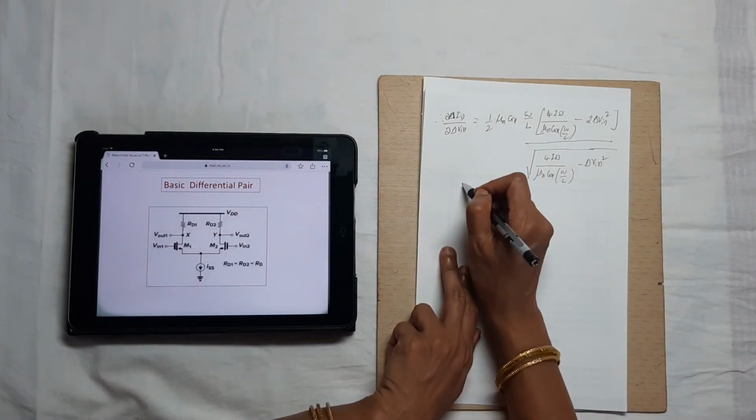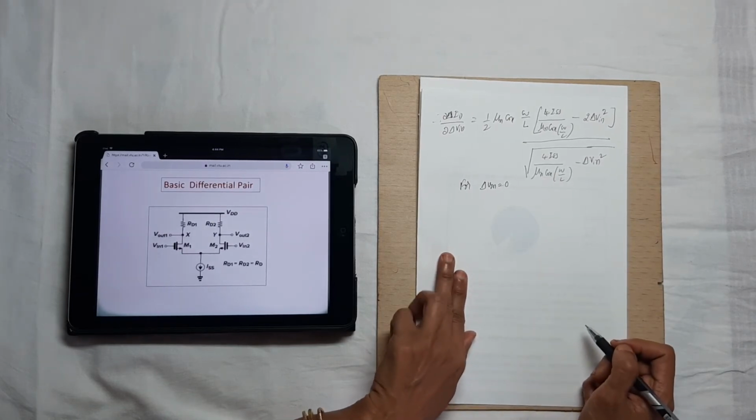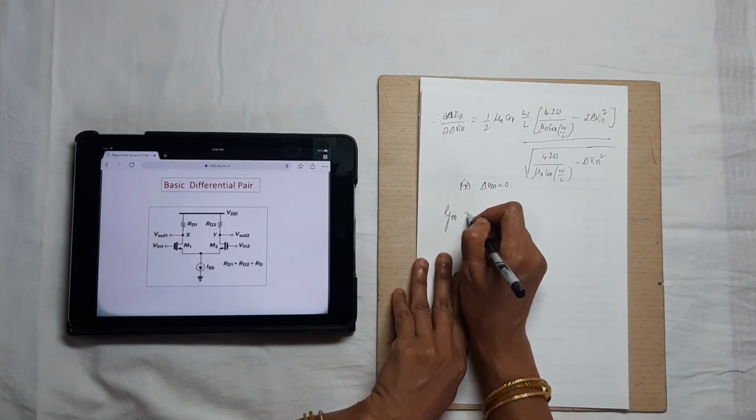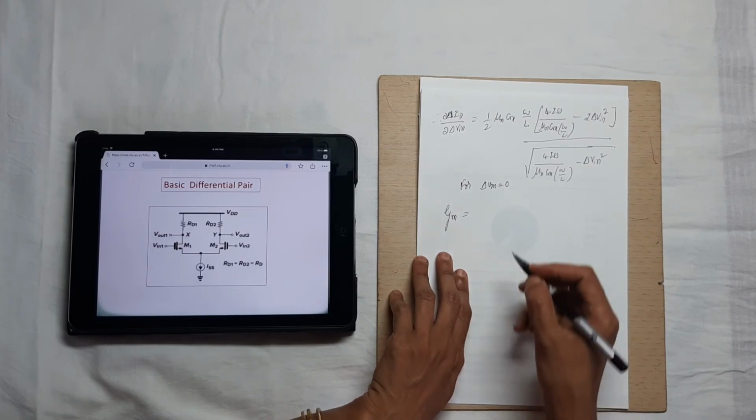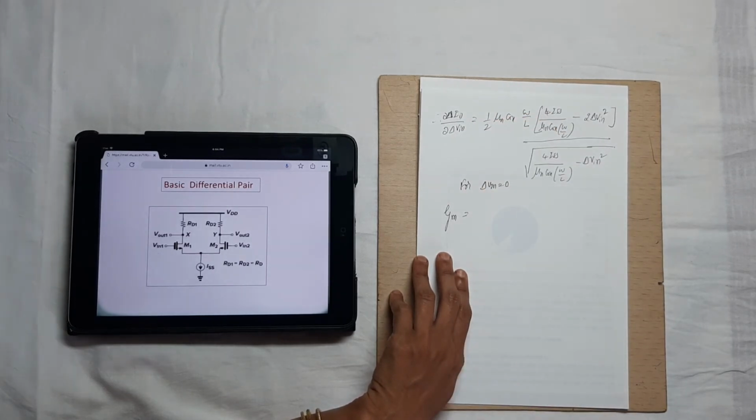For delta Vin equal to 0, we get the capital GM: dou delta ID by dou delta Vin is nothing but GM.